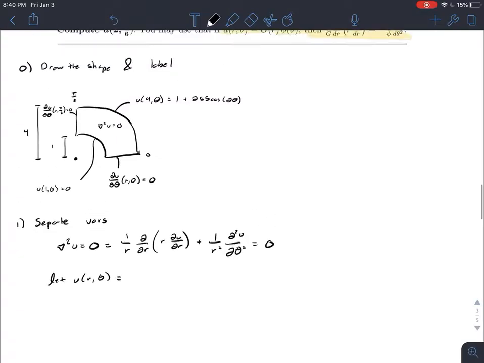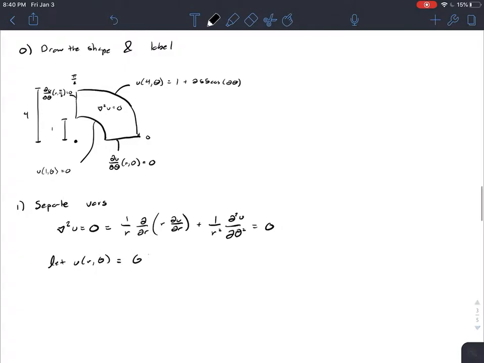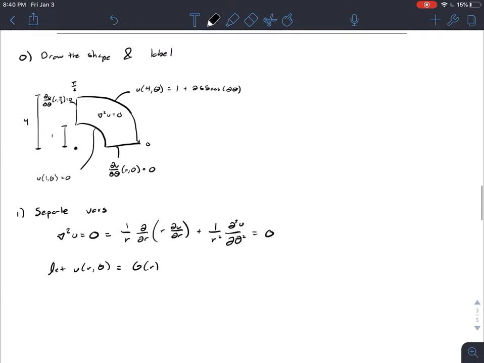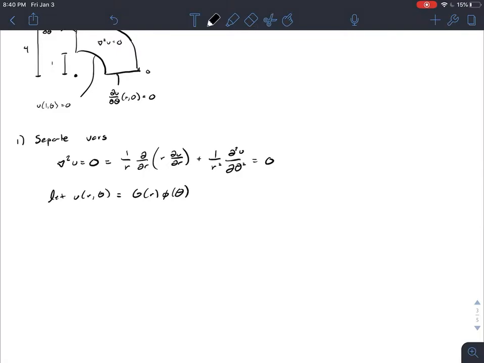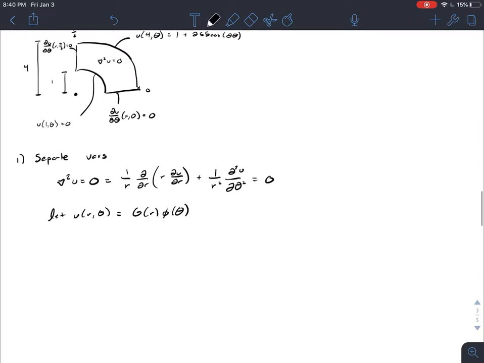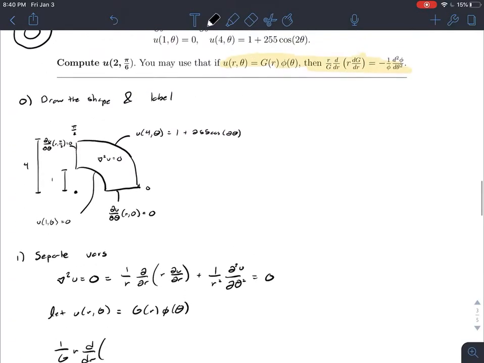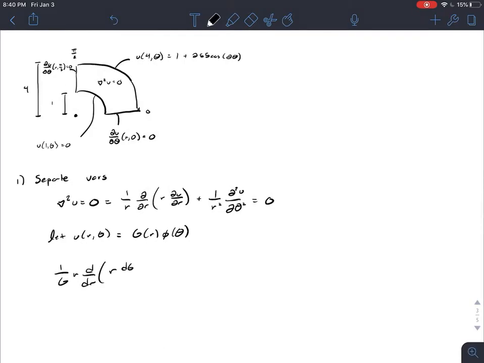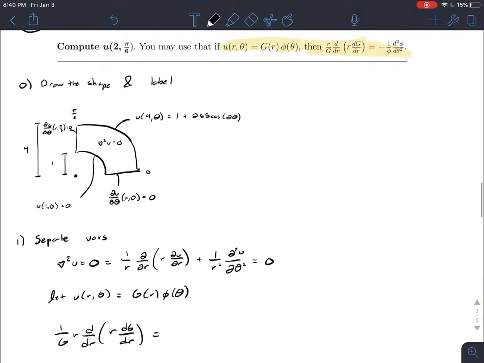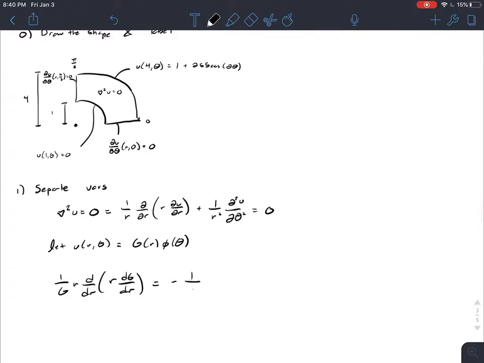If we let u(r, theta) be composed of g of r and phi of theta, we're given that this separation results in 1 over g times r times d/dr of r dg/dr equal to negative 1 over phi times d squared phi d theta squared.